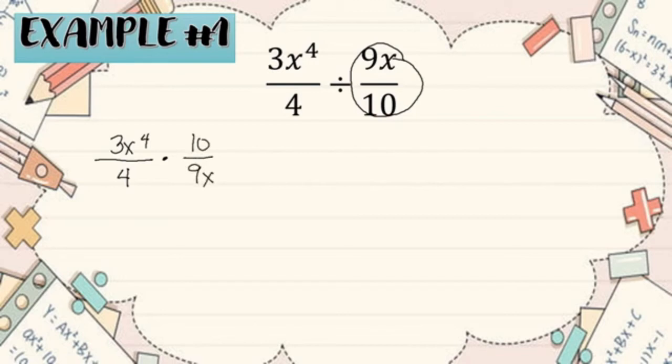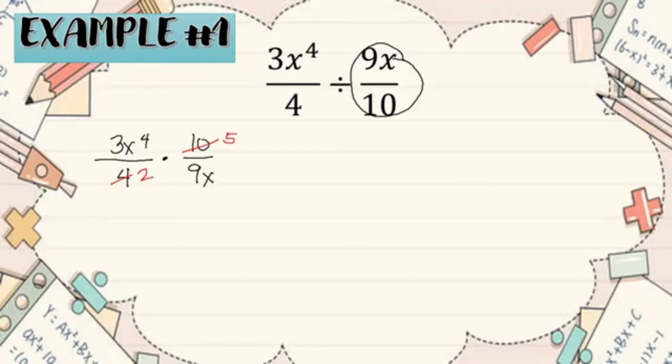Now we're going to cancel out the things that we could cancel. So we could cancel 4 and 10 because we could simplify them. 4 and 10 have a GCF of 2. So 4 divided by 2 is 2. 10 divided by 2 is 5.